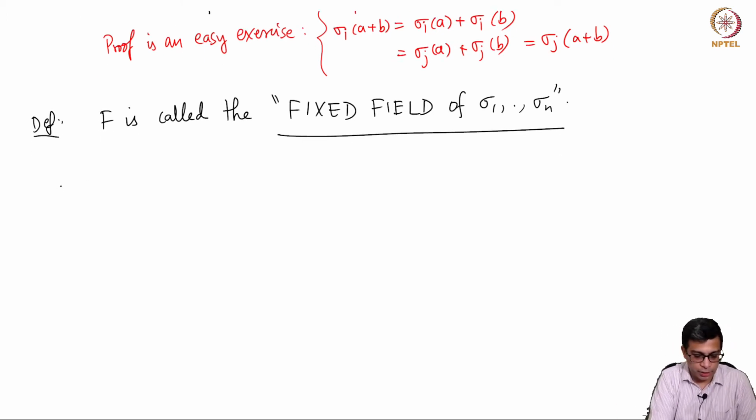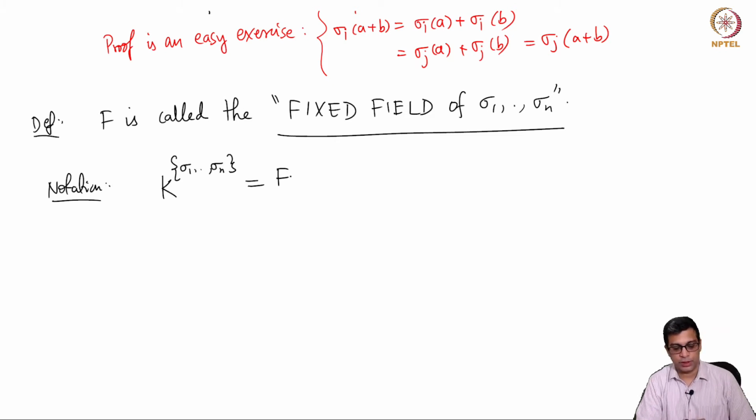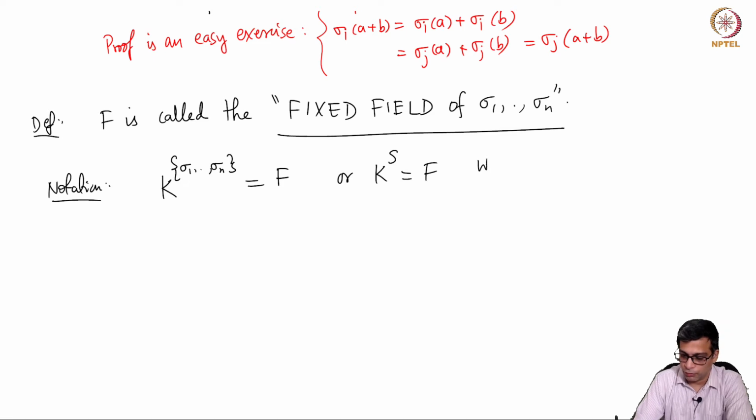As for notation, instead of writing fixed field of this, we write K to the power of this set, or K power S, which is more convenient, where S is this set.